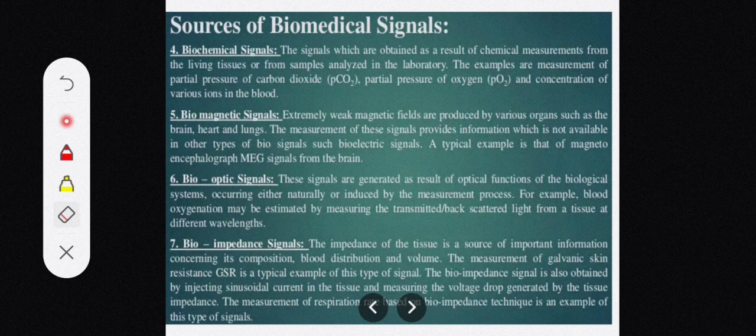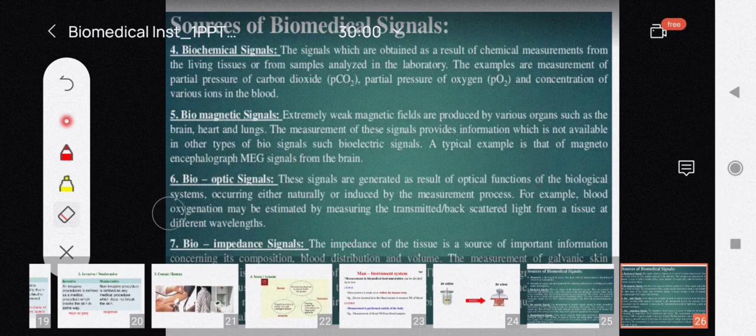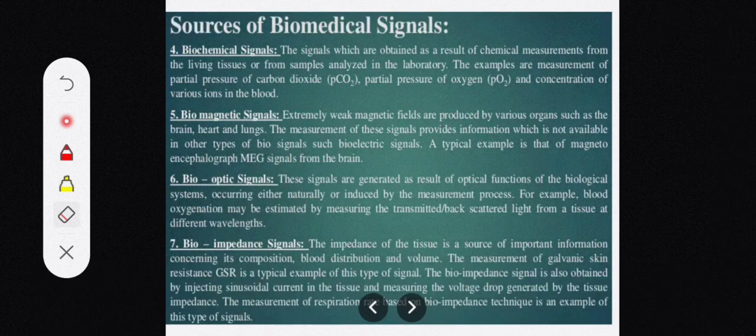The next biomedical signal is the bio-optic signal. So what is a bio-optic signal? These signals are generated as a result of optical functions of the biological system, occurring either naturally or induced by the measurement process.